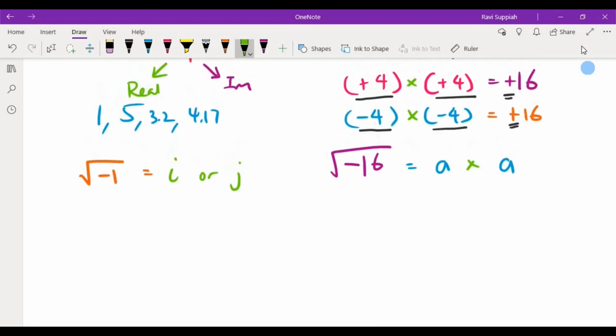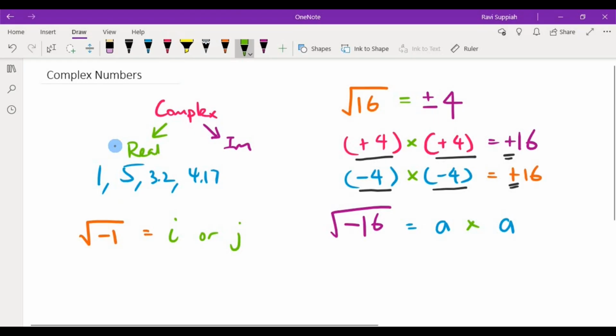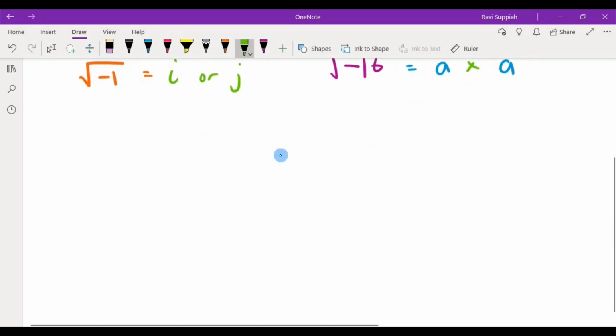Now, how do we write a full complex number? As I just told you, a complex number consists of both a real part and an imaginary part, and that is written as x plus jy. In some cases it could be a plus ib and so on. So as you can see, there are two parts to it.